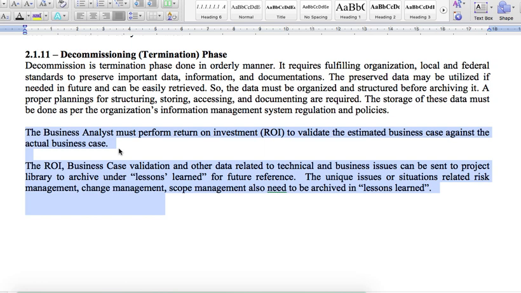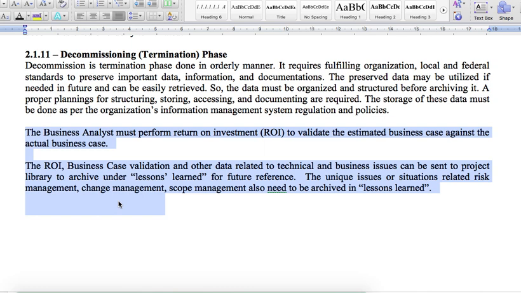And if it exceeded the expectations, it could be a case study for others to refer to on how the benefit was realized and exceeded. What factors contributed to the success of the particular solution or project? That could be considered a success story, and this can be archived in a project library.